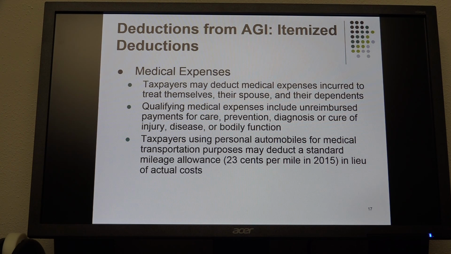So the first thing they talk about is medical expenses, and this really is meant for people with pretty high medical expenses. You can only itemize medical expenses after the first 10% of those expenses. So you have to have some pretty high medical bills in order to itemize.